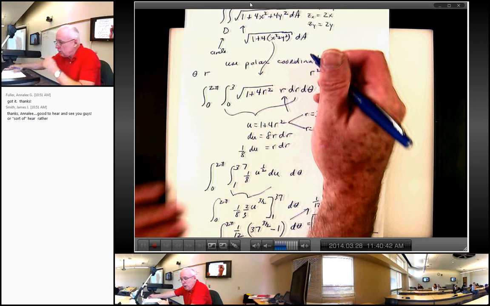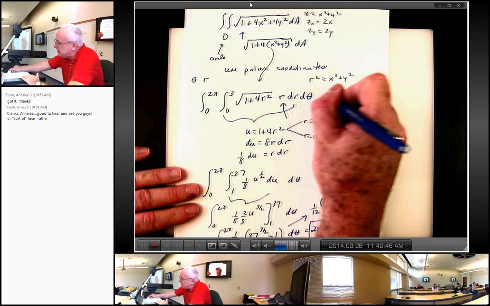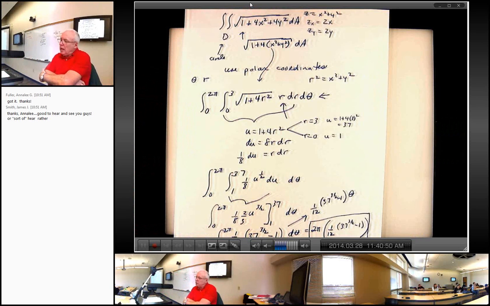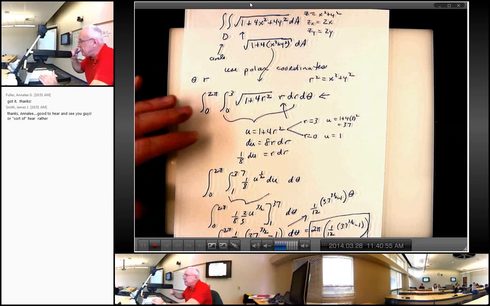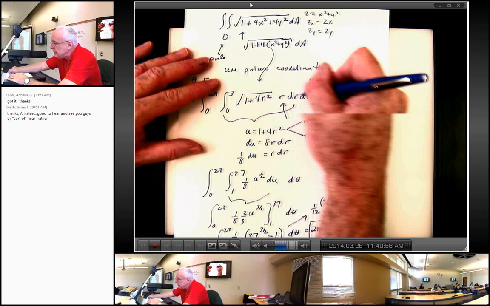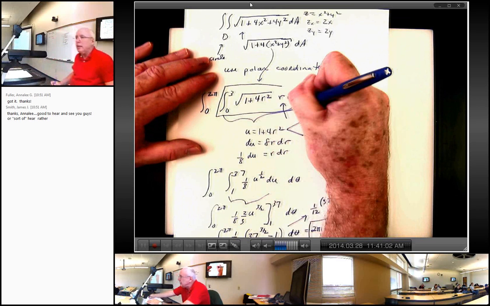One other thing I want to point out here, right up at this level, this double integral right at the start can be separated like this. Notice I don't have any theta in this inside integral at all.